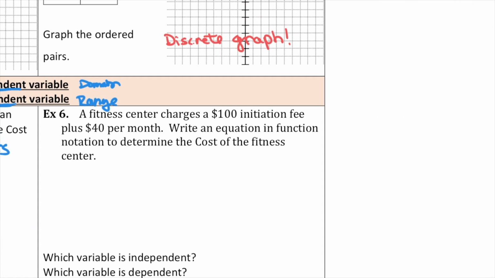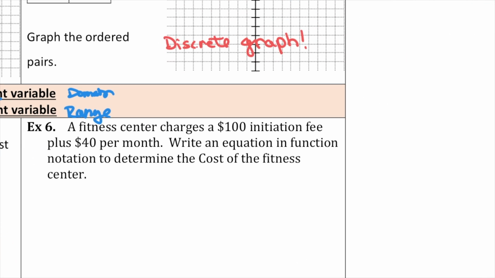For question 6, a fitness center charges a $110 initiation fee plus $40 per month. Write an equation in function notation for the cost. So the cost of your fitness center, leave a little space, it's going to be equal to, you have to pay a $110 fee plus $40 per month. So that per month is going to be multiplication. I'm going to let x equal month in this problem.